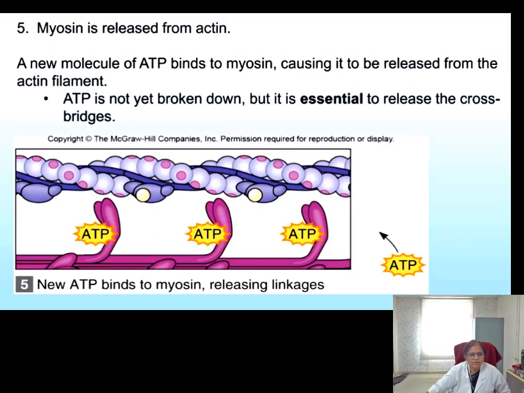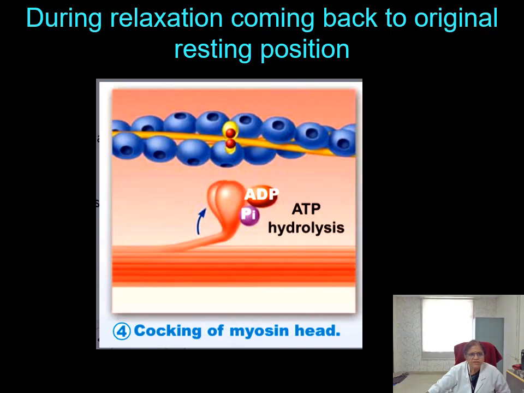So this is about the power stroke, how the activation of the head takes place. During relaxation also, it comes back to the original resting position. What is the first step for muscle relaxation? It is detachment of calcium from troponin and moving the troponin tropomyosin complex over the exposed myosin binding sites on actin. Once the tropomyosin covers this area, the muscle will go into the first steps of relaxation.